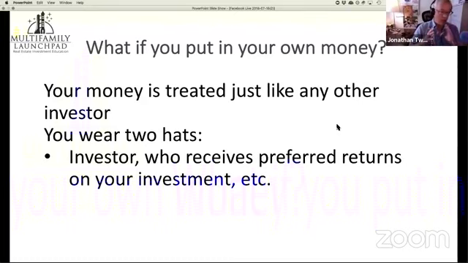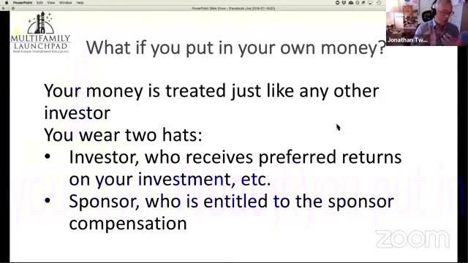You're getting a preferred return on your investment. You're treated just like anybody else, as if you were a passive investor, okay? And you are also the sponsor who's entitled to the sponsorship compensation, and that's completely separate. That's just a whole separate bucket, and the two have nothing to do with one another, all right?